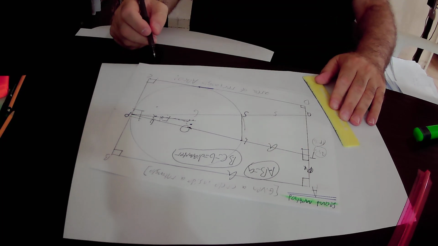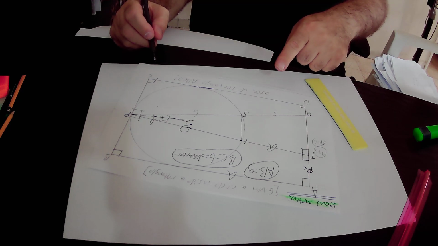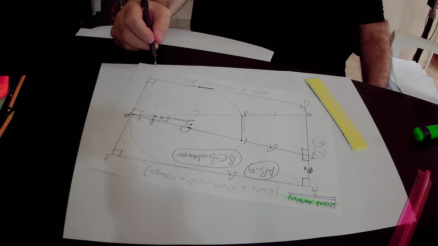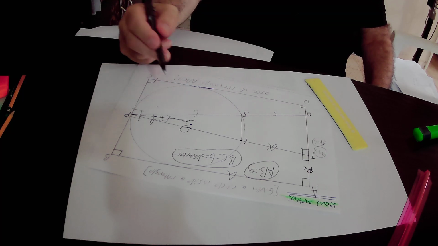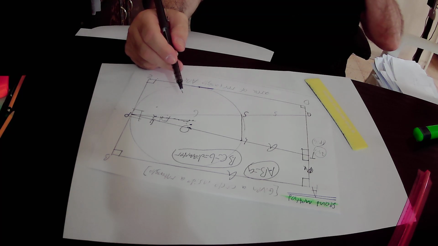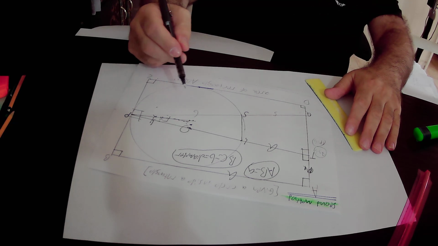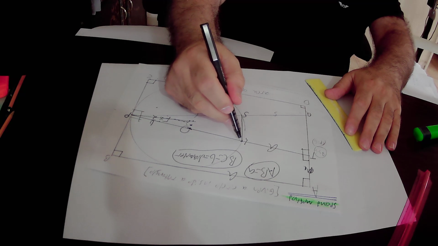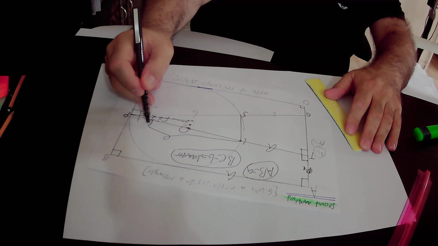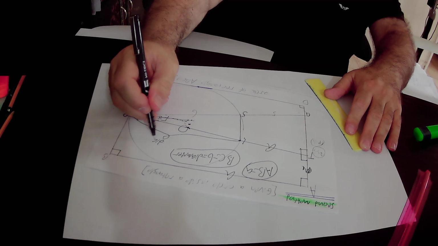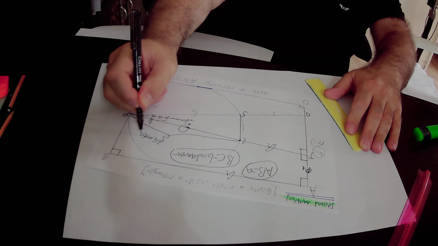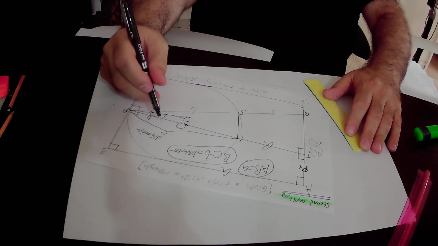What is the definition of chord LP? Chord LP passes through the center of the circle, and any chord that passes through the center of the circle must be the diameter of the circle. Therefore, LP is the diameter of the circle, and the diameter of the circle is equal to B.